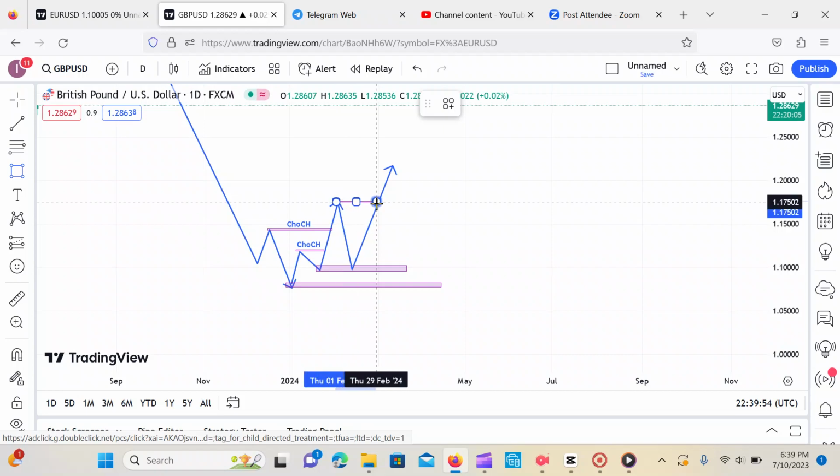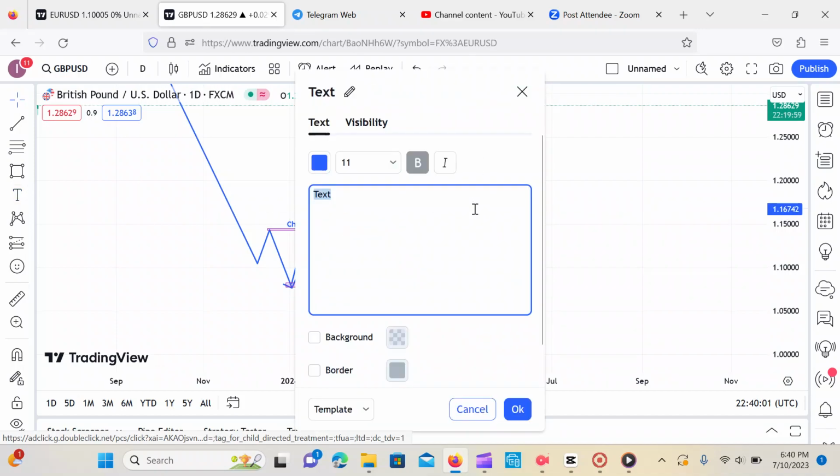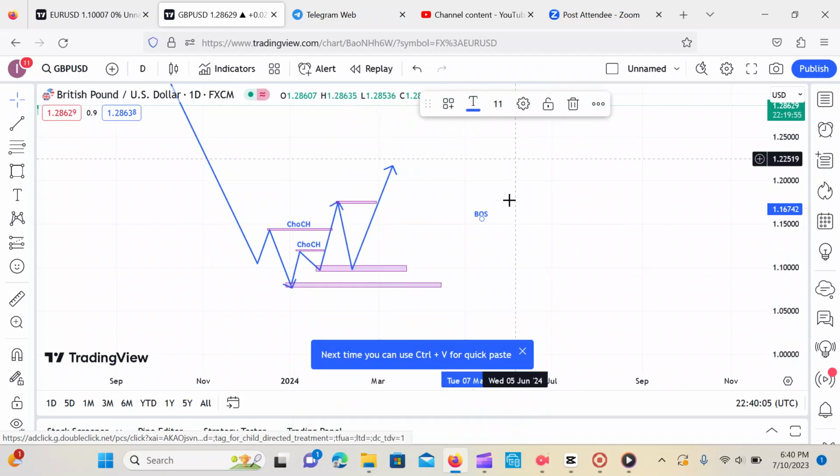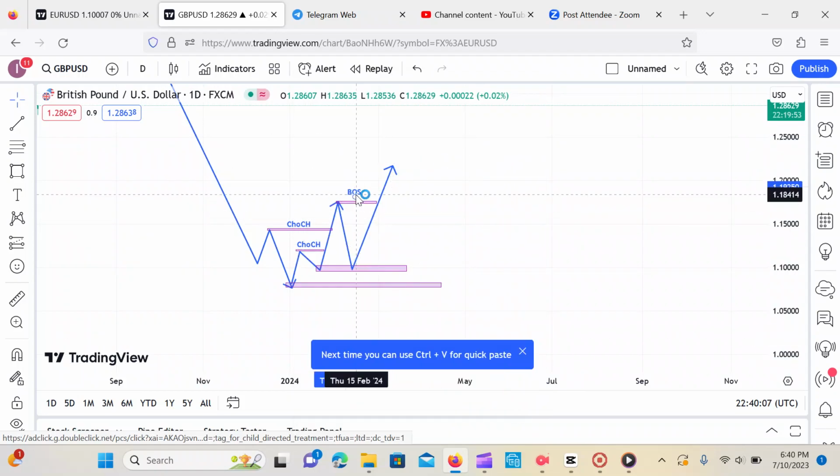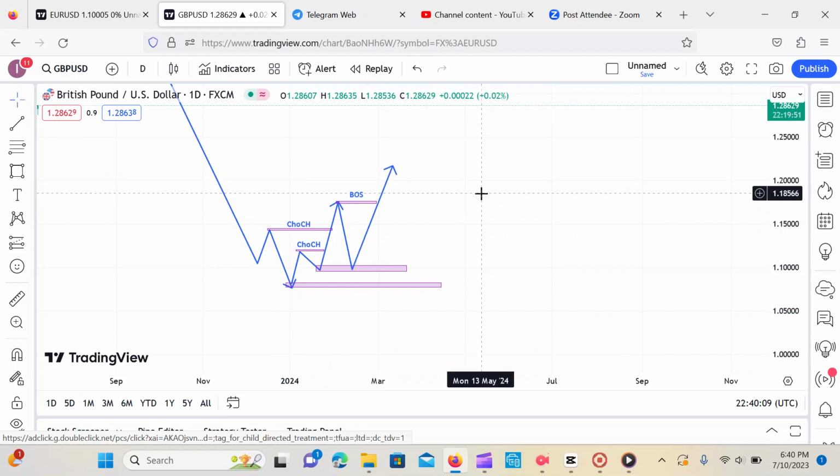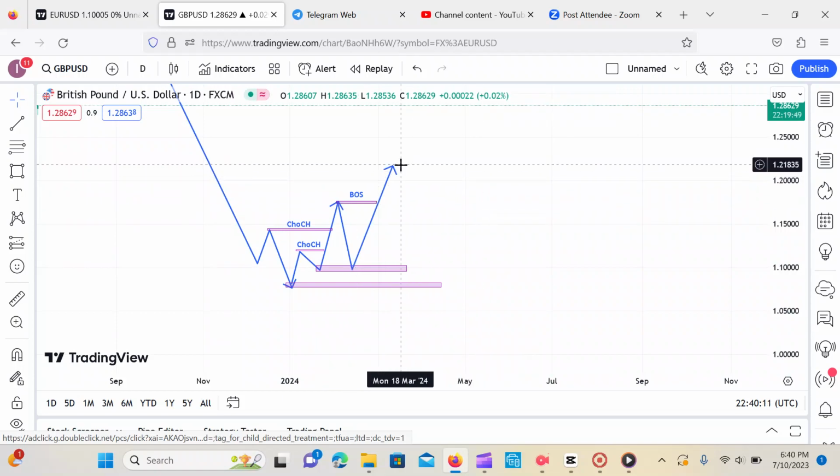This is a structure, so we have a break of structure. Let's call it BOS. We have a break of structure to the upside. So whenever you have a break of structure, what you should do, don't rush, don't follow the price, wait for price to push back.